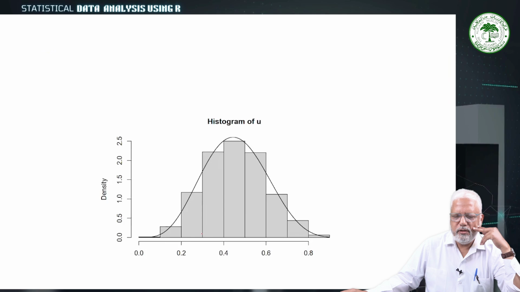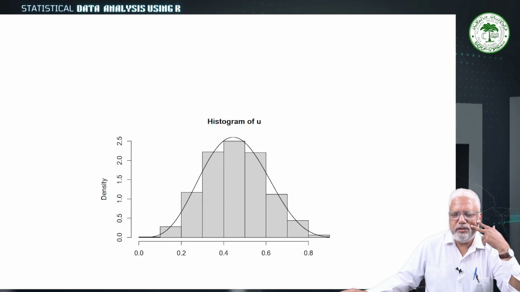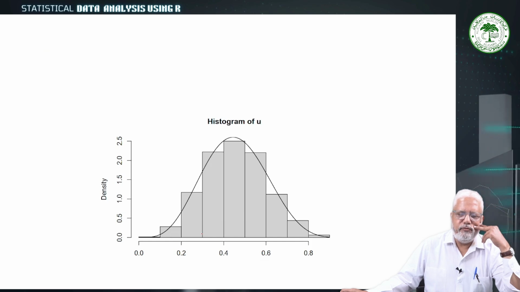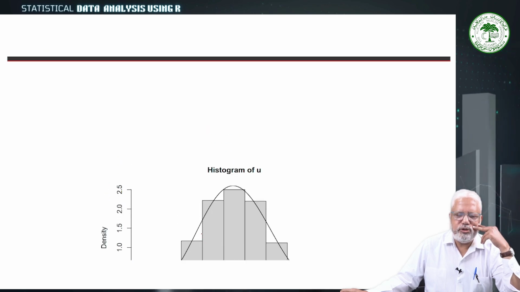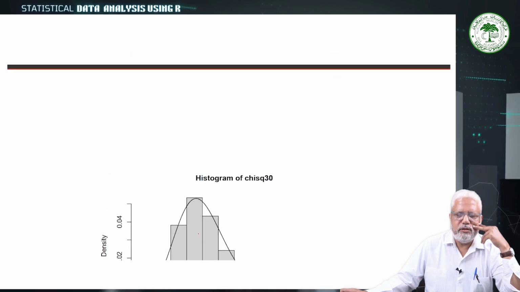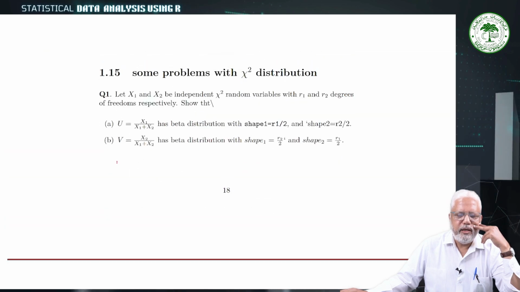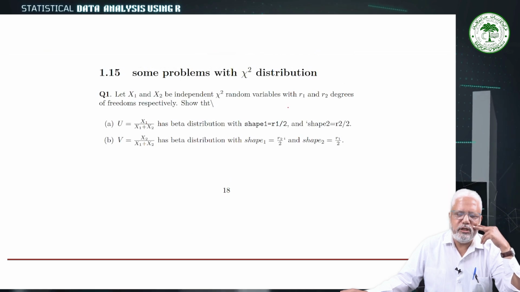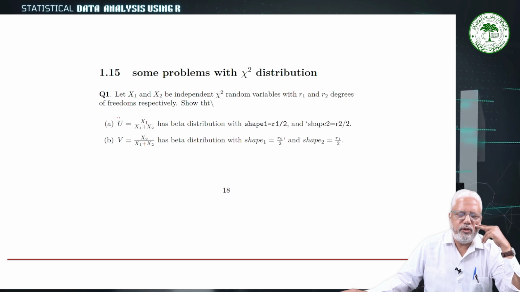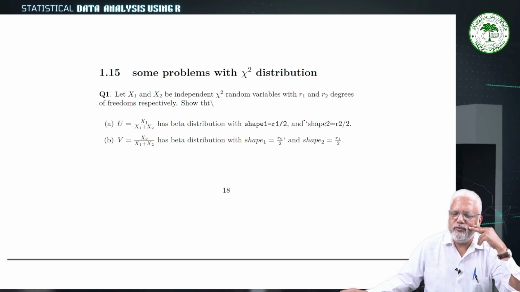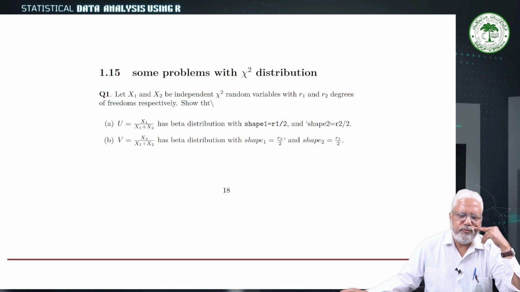See, they are very close, so that means it verifies the result of sampling distribution. That result is this one: if X1 and X2 are chi-square distributions with R1 and R2 degrees of freedom, U is equal to X1 by X1 plus X2 and follows a beta distribution with shape 1 equal to R1 by 2 and shape 2 equal to R2 by 2.